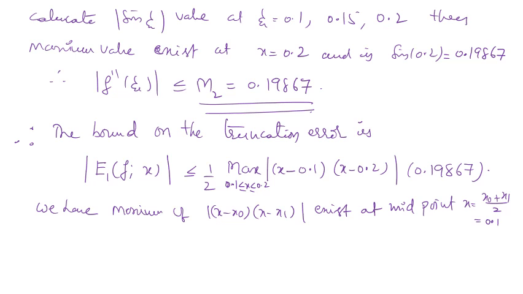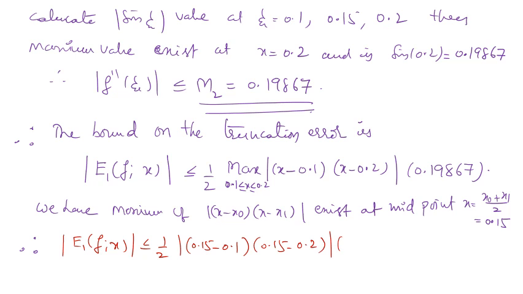For this, that is 0.15. Therefore E1 of fx is less than or equal to 1 by 2 modulus of 0.15 minus 0.1, 0.15 minus 0.2, into 0.19867, which is finally 0.00025. This is the truncation error bound. Okay, is that clear?